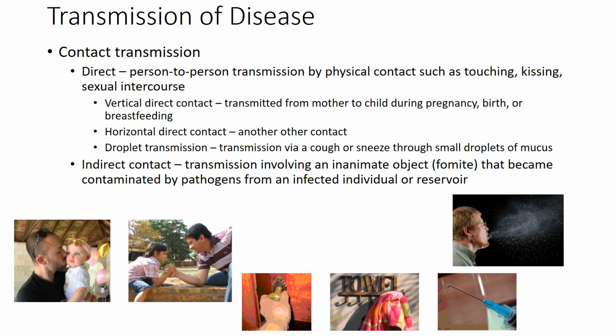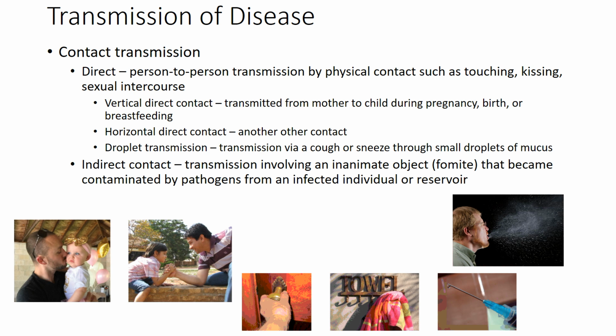So let's look at the ways diseases are transmitted. One type of transmission is contact transmission. There's several different types of contact. Direct contact means that the person infected with the disease has to come in direct physical contact with someone that does not have the disease. Prime examples of direct contact are touching, kissing, sexual intercourse, things like that.